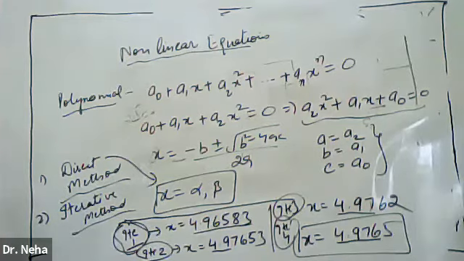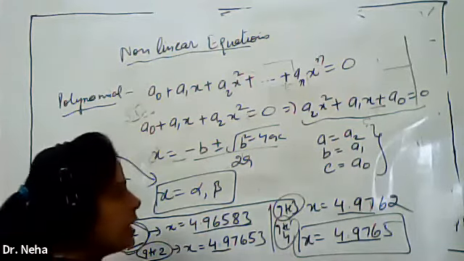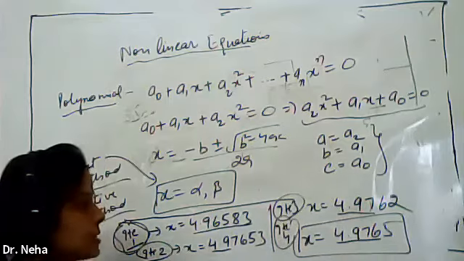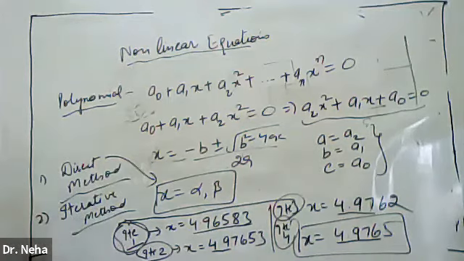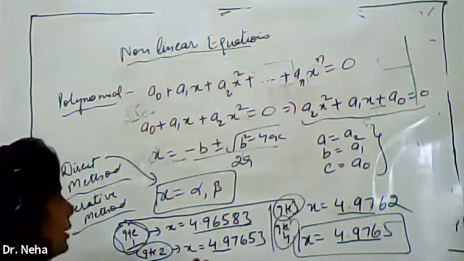It means until 2 decimal places come out the same, we need to continue. And sometimes the statement says up to 3 decimal places or up to 4 decimal places. So we continue the process until we reach the solution asked in the statement. Clear? So this is the iterative method.